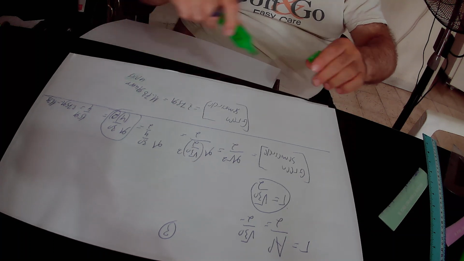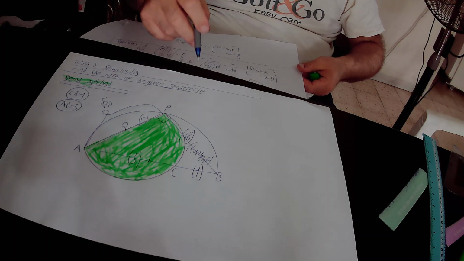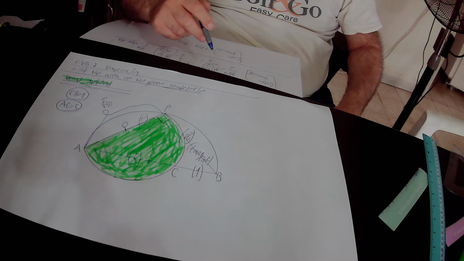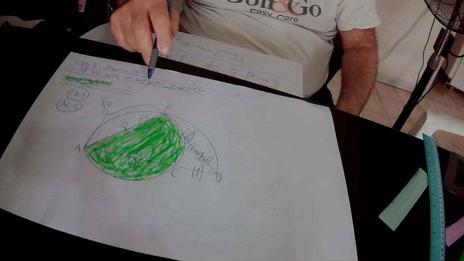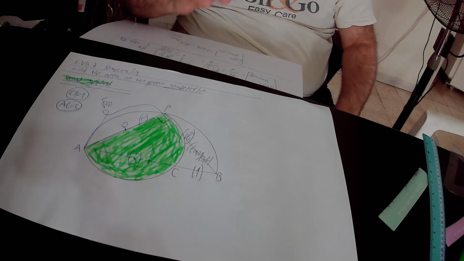So actually, in both methods, we found that the area of this green semicircle equals either 3.75 pi square units, or in terms of numbers, 11.78 square units. So we finish with the second method.